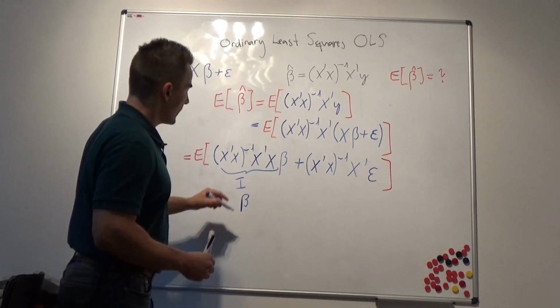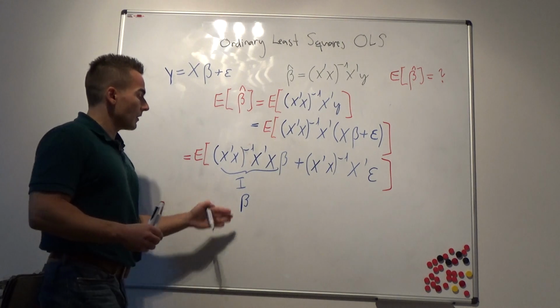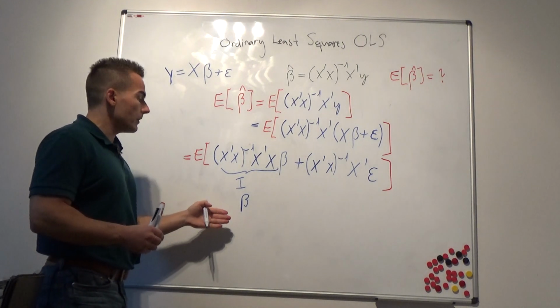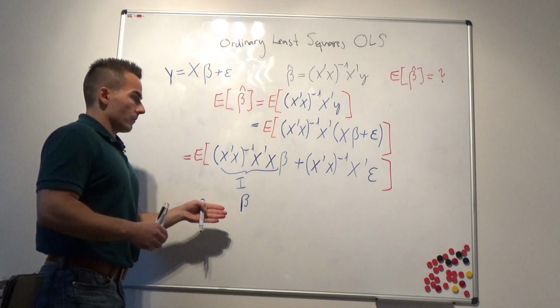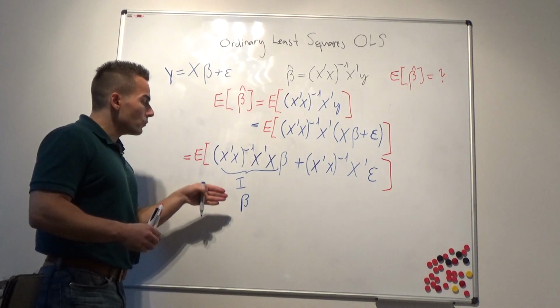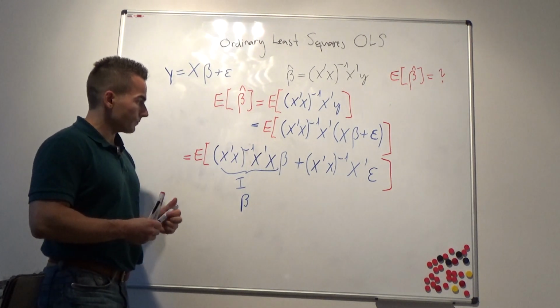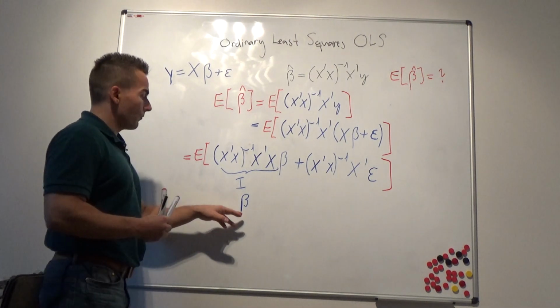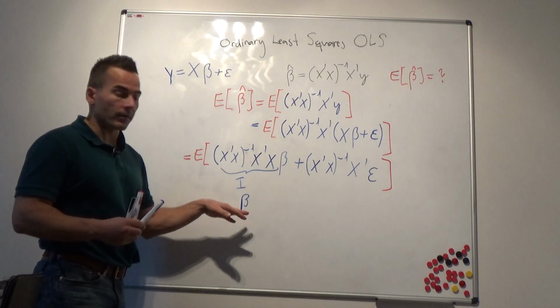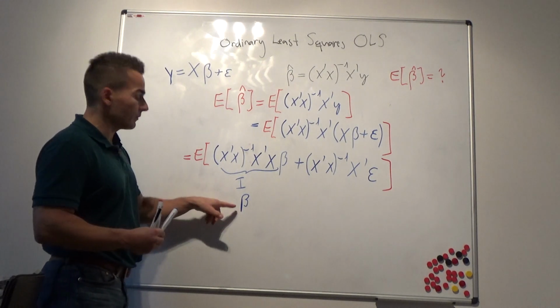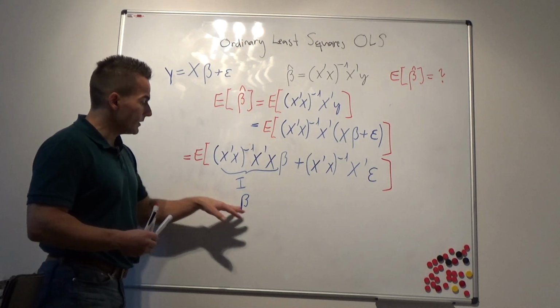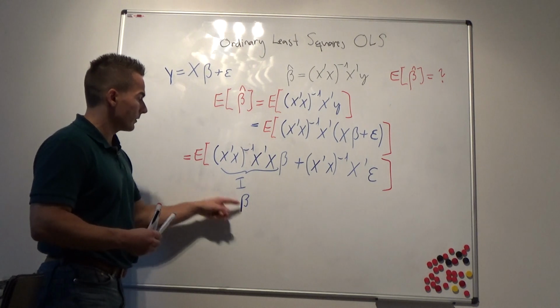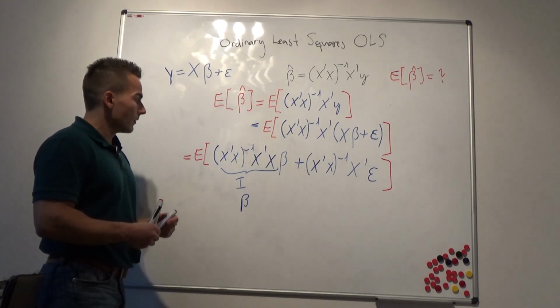Beta contains just numbers, namely the true parameters, right? And the expectation of a number is just the number. So the expectation of beta is beta. So we don't need the expectation operator here anymore.